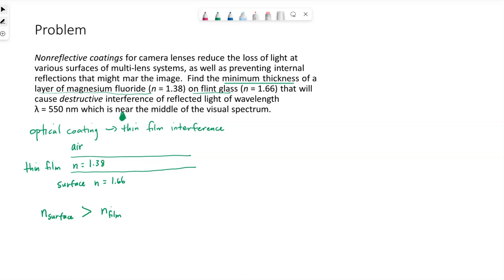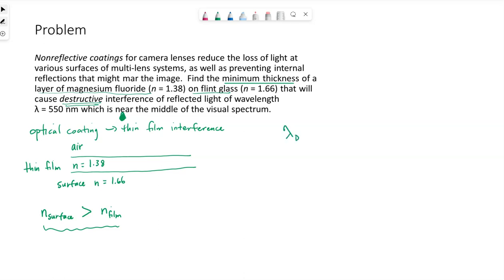So that means we want one of the equations that is in the column labeled n of the surface being greater than n of the film. We still have to decide whether we want the constructive or destructive equation. Well, that one is hopefully fairly straightforward because it is asking us specifically the minimum thickness that's going to cause destructive interference.